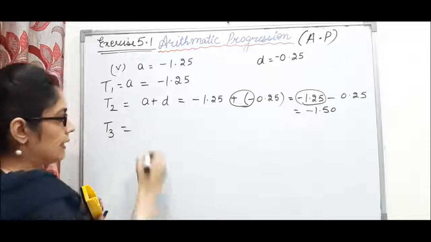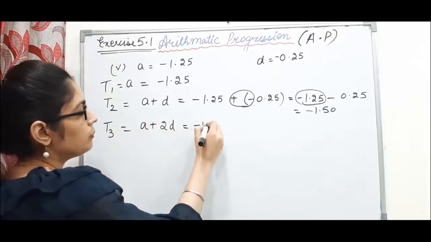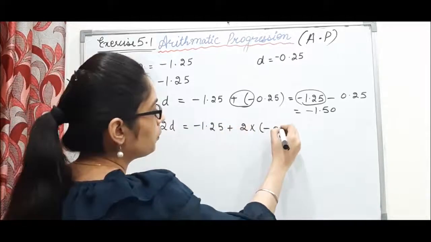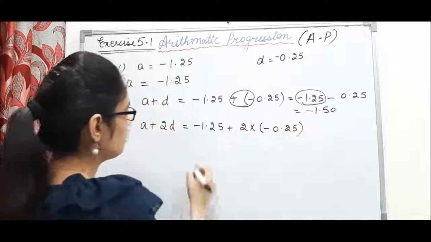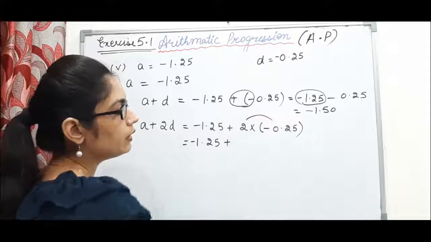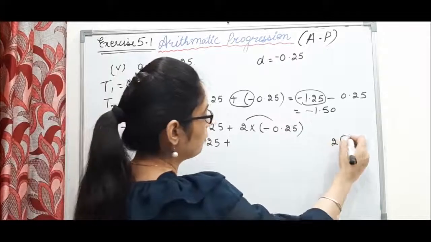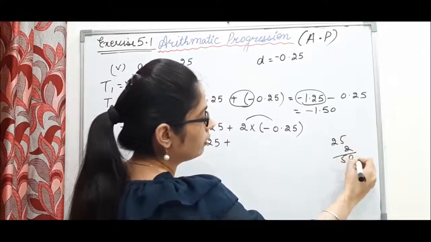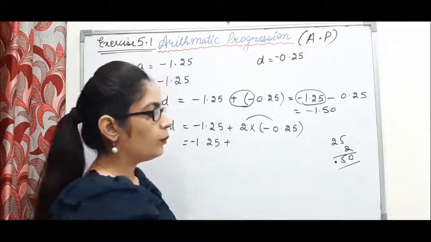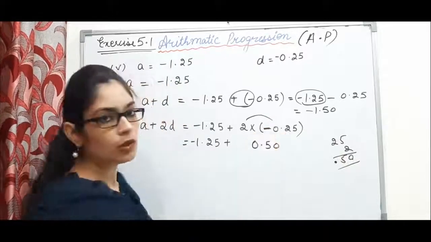Third term, it is a plus 2d. A is minus 1.25 plus 2 into minus 0.25. See, 25 you can directly multiply by 2, you will get 50 and 2 decimals, so 0.50, but this minus sign is also there.